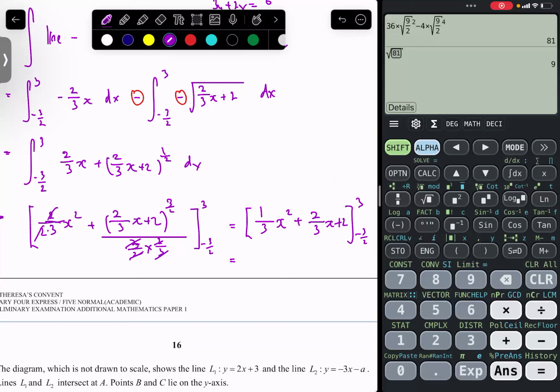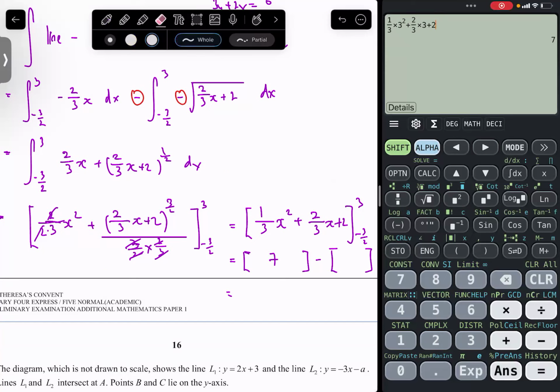Okay, so we substitute into the calculator. 1/3 times 3 squared plus 2/3 times 3 plus 2, 7. Oh wait, sorry.